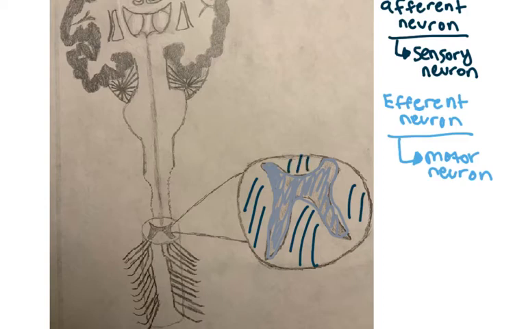And then in here, let's actually draw it. We have our afferent neuron that comes in, and it takes the signals and brings them into the gray matter of the spinal cord, if we're talking about a spinal cord reflex. Remember, we have the brainstem also.